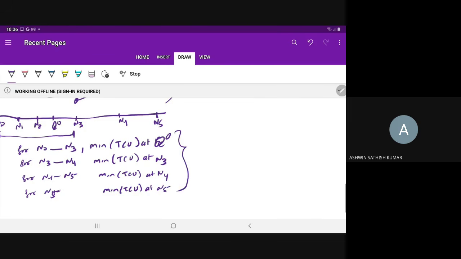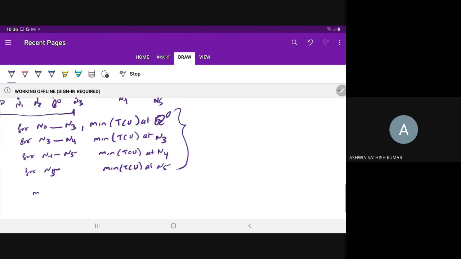So from this, what can be the conclusion of where we have the minimum TCU? From here, we can say minimum TCU can be at any point, at the Q naught, N4, N5.